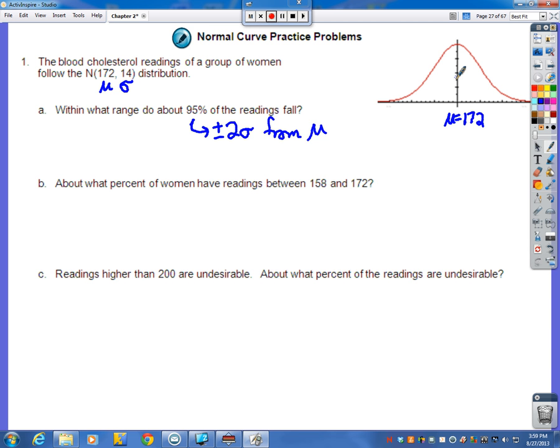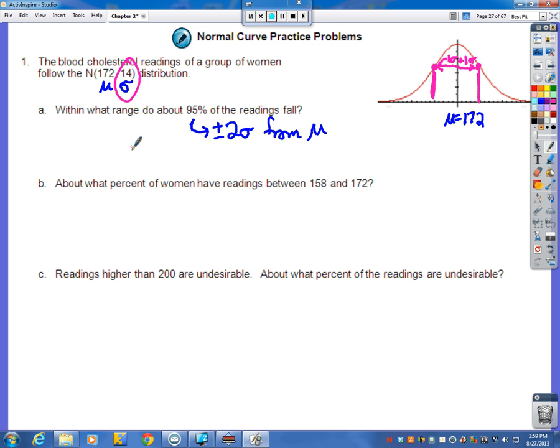Okay, so if I drop down, and again, let's use that approximation for how to calculate 1 standard deviation. I'm going to say it's about right here and here. Okay, there's minus 1 standard deviation. Here's plus 1 standard deviation. Now a standard deviation is worth specifically 14 blood cholesterol reading numbers.